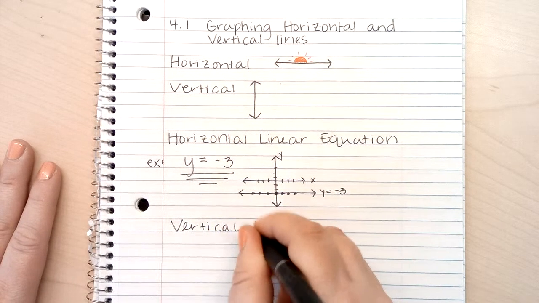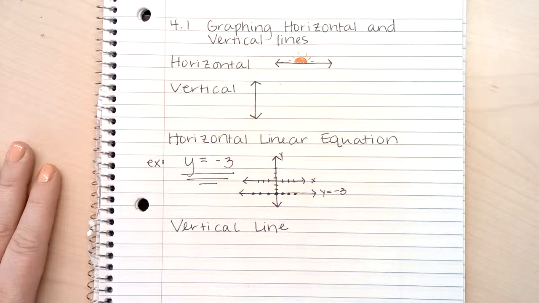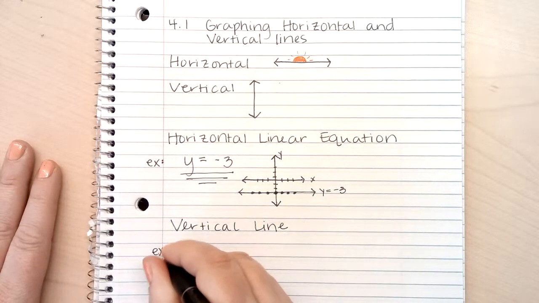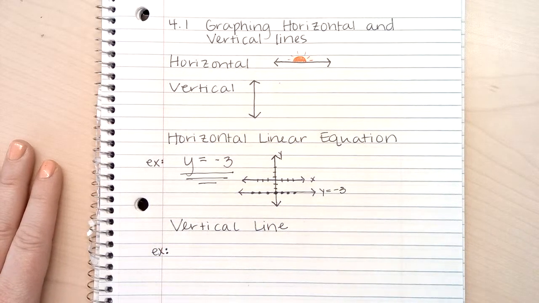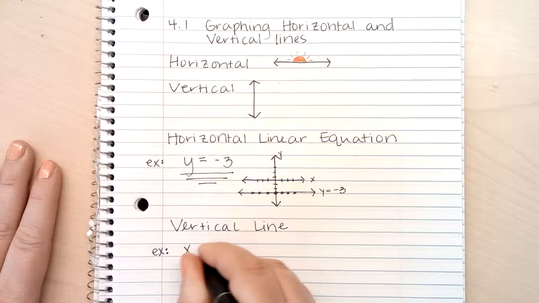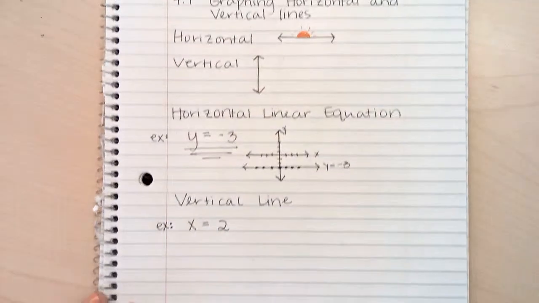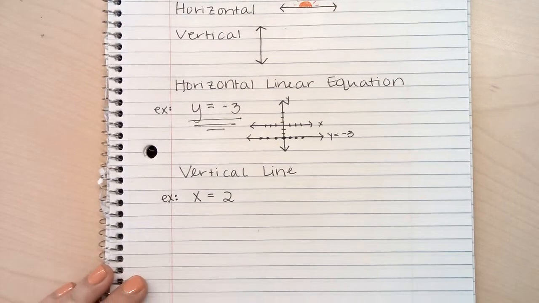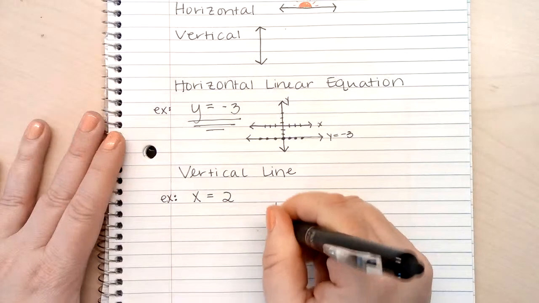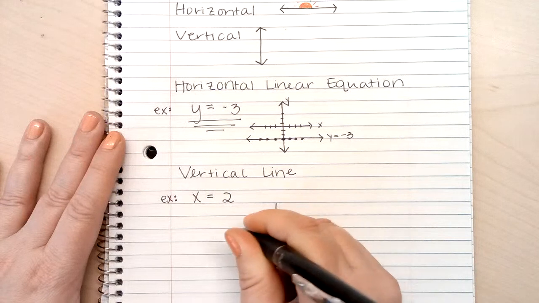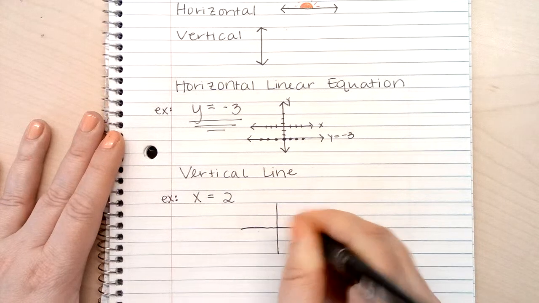Okay, so let's do an example of a vertical. I'll just write vertical line this time. Vertical line. Here's your example. Our example is going to be x equals 2. So I'm going to draw my quick sketch coordinate plane here.